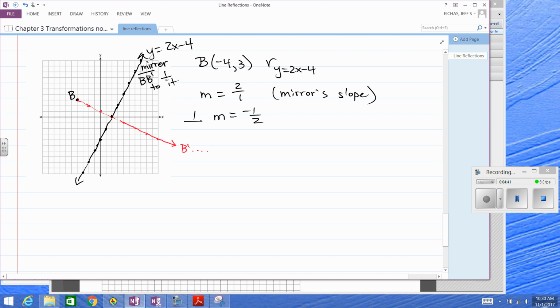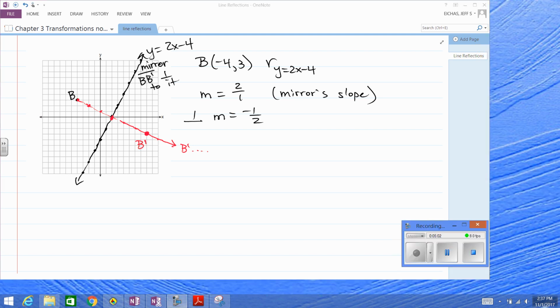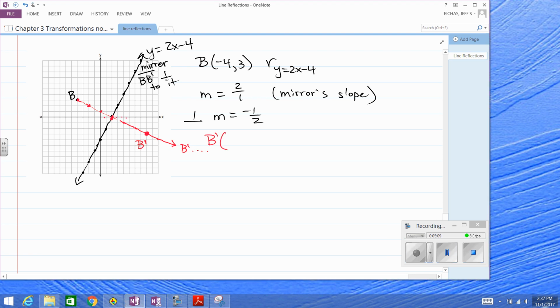Now, how far away is B from the line? We're going to get lucky here. If we follow this, it's 3 of those over 2, down 1s. So let's do that 3 times. Over 2, down 1, that's where B prime is going to land, 3 of those away. So B prime would land at (8, -3).